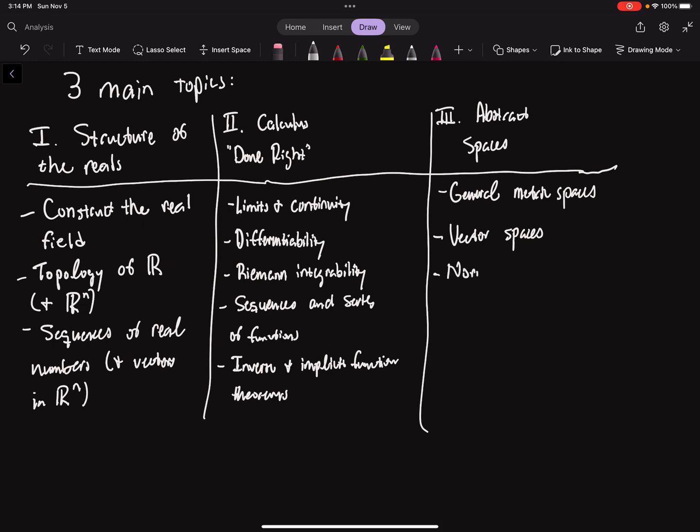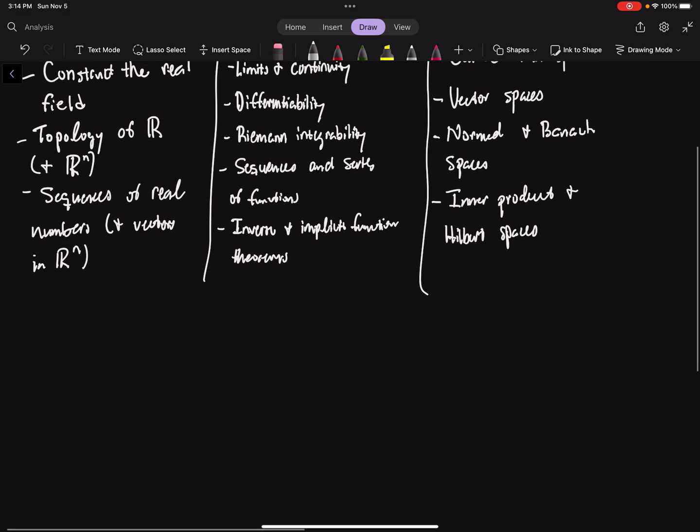We'll look at normed and Banach spaces. And then we will look at inner product and Hilbert spaces. And if you have studied quantum mechanics, yes, it's that Hilbert. Okay, it's the same Hilbert space concept, except now it's rigorous.